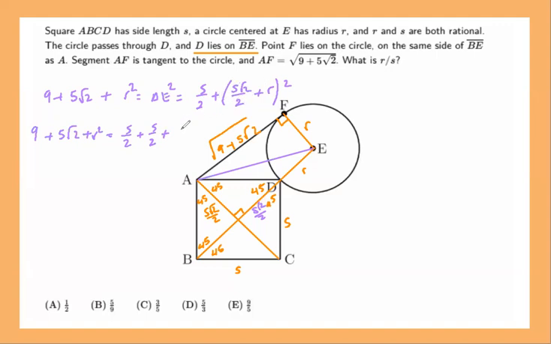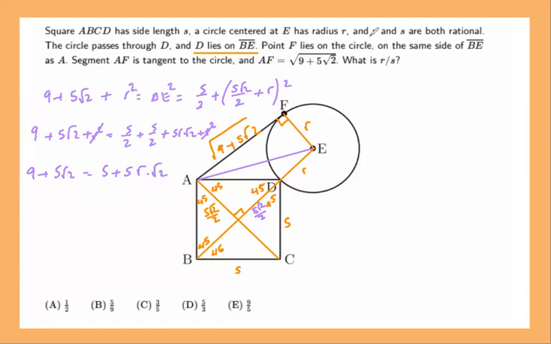You get SR times root 2, and the square of R. So we may cancel these R squares. That is good. And on the left side we have 9 plus 5 root 2. The 2 over 2s will be just 1s, so we have S squared plus SR times root 2.